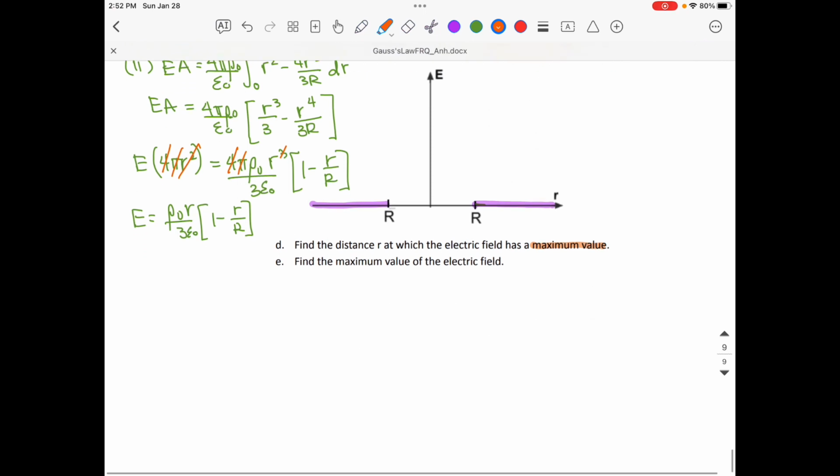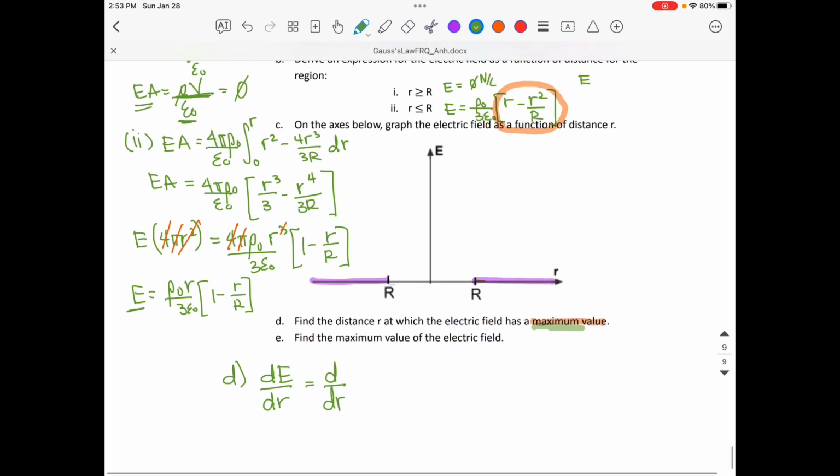So let's go down here. In order to find a maximum, we've worked with this many times, so hopefully this is automatic for you. So for part D, I'm going to take my electric field equation and take the derivative and set it equal to 0. So dE with respect to r, because r is our radius that changes, is going to be d dr. I'm going to take this expression of E because I like that the r is distributed.